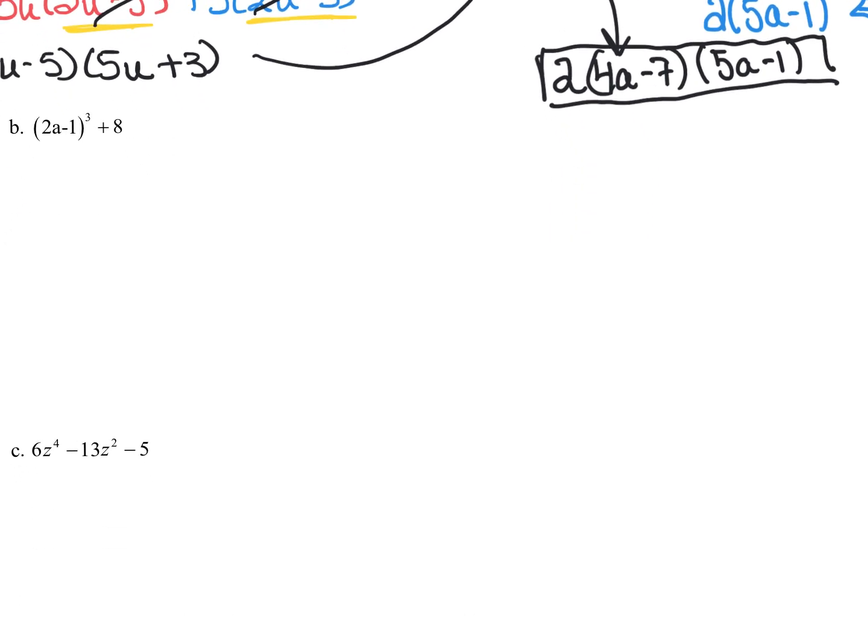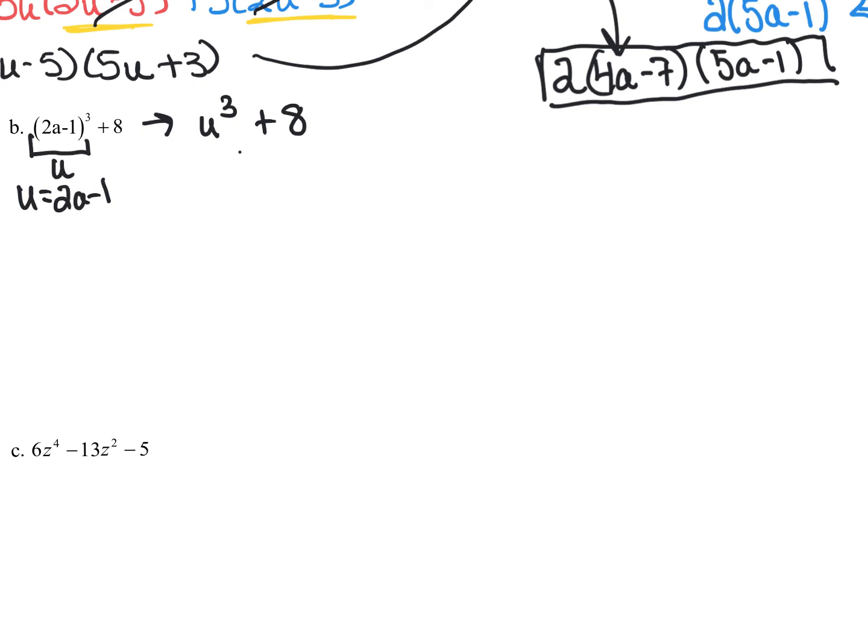So what do we think we should call the u in this case? I'm hoping you said this should be the u. So we're going to let u equal 2a minus 1. So I can write this as u cubed plus 8.